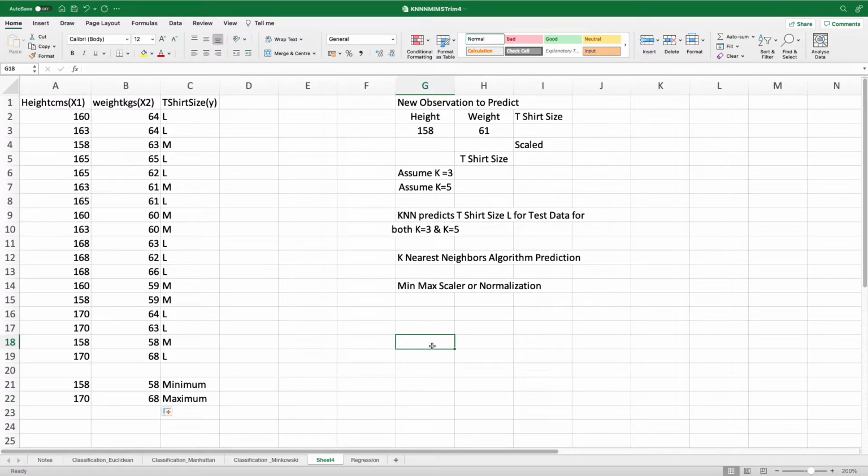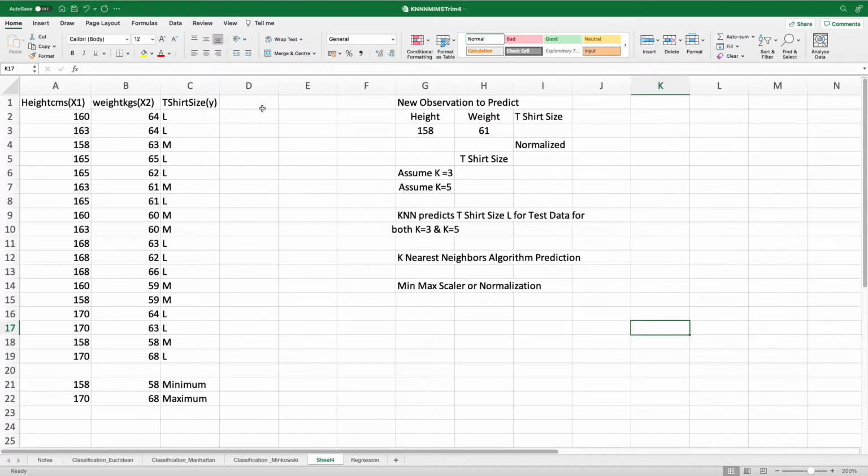So 170 is the maximum height, 68 is the maximum weight. Okay, all of you got this?